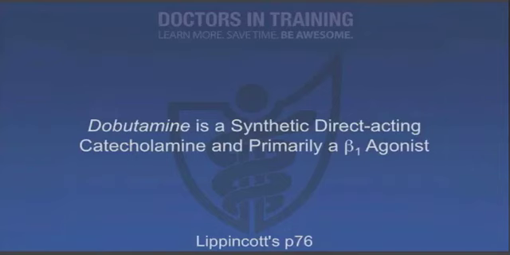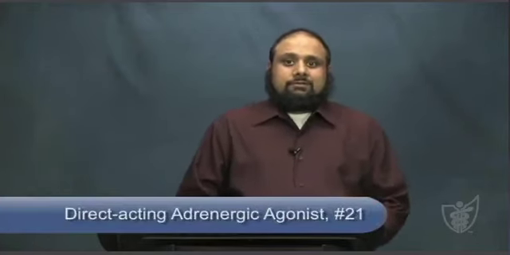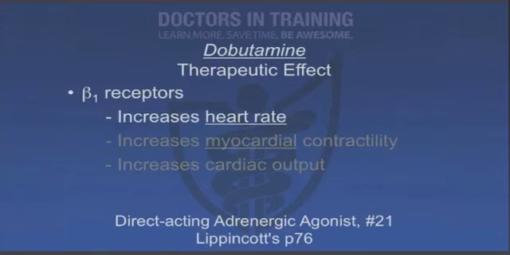Dobutamine is a synthetic, direct-acting catecholamine, and it's primarily a beta-1 agonist. So remember, beta-1 increases the heart rate, increases that myocardial contractility, and increases cardiac output. So guess where dobutamine is therapeutically useful?